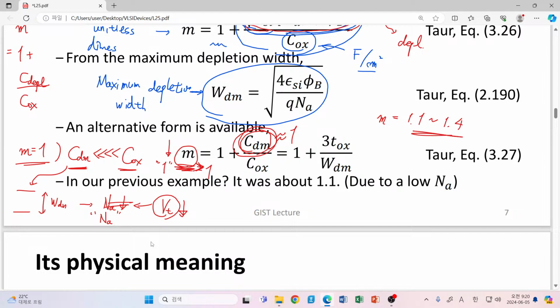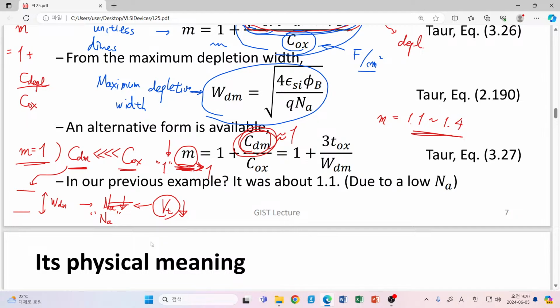They thought that, well, maybe 1.1 or 1.4 would be an acceptable value for our M values. It means that your depletion capacitance is just 1/10 of oxide capacitance, or 1/4, or about 40% of your oxide capacitance. That was the available value you can have.